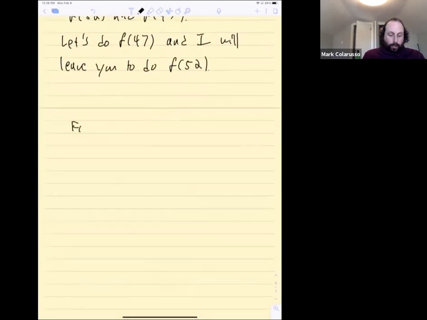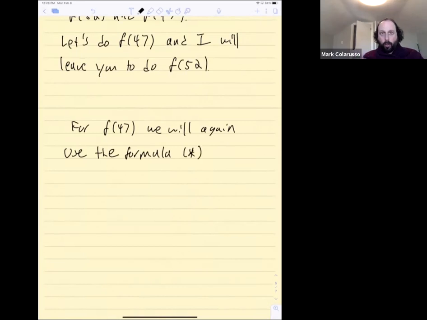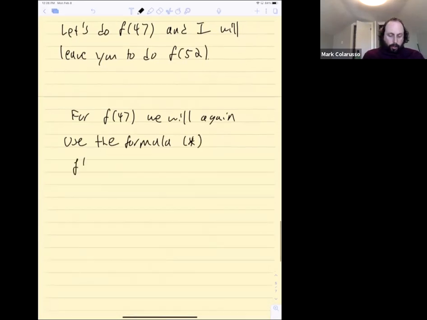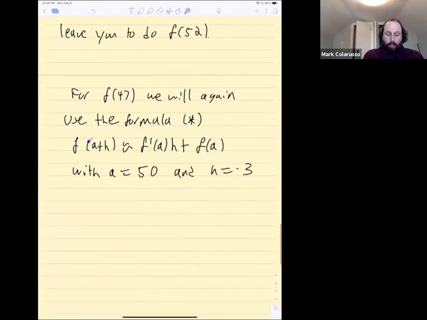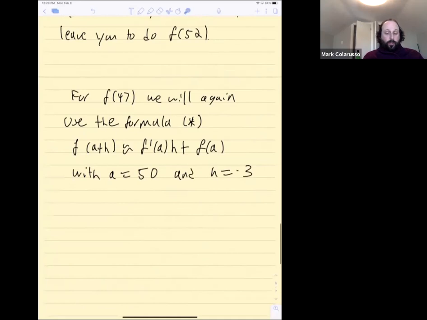So for f of 47, you will again use formula star from the beginning of the lecture. I'll write it out again so I don't have to scroll up. f of a plus h is approximately equal to f prime of a times h plus f of a, with a equals 50 and h equals minus 3, because what we want to estimate is 47, which is 50 minus 3.